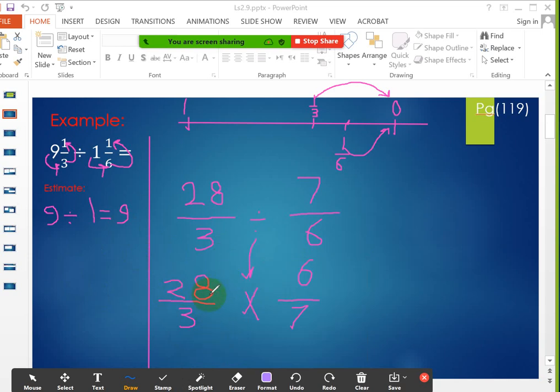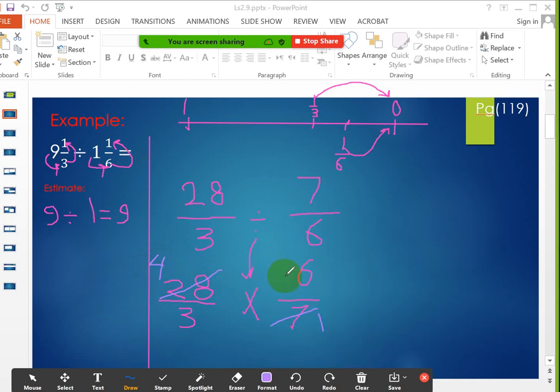Look, 28 and 7 have a common factor. What is the greatest common factor for both numbers? Both numbers are able to divide by 7. So 28 divided by 7 equals 4, and 7 divided by 7 equals 1.